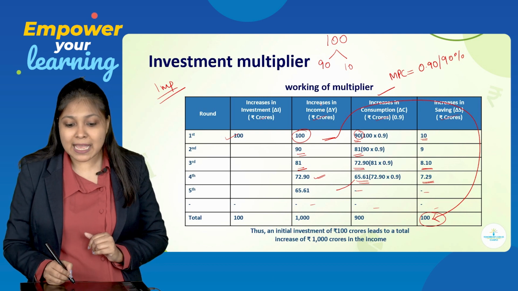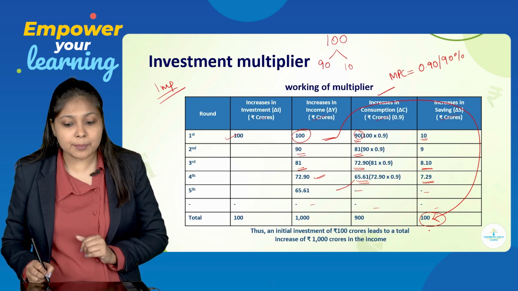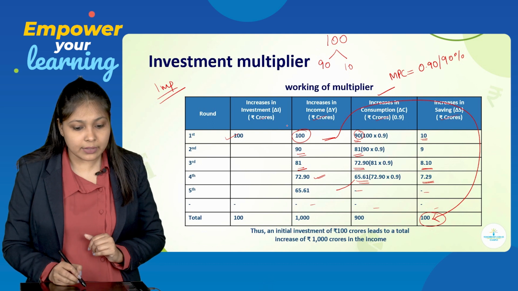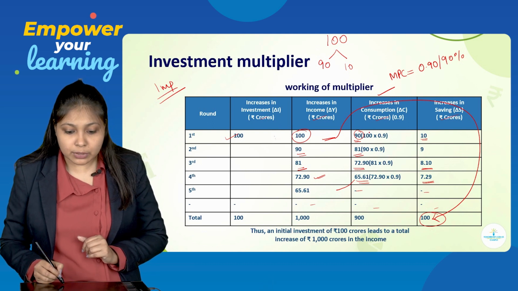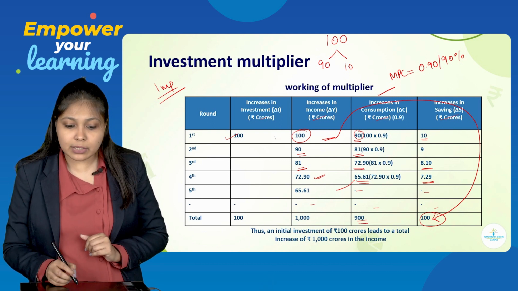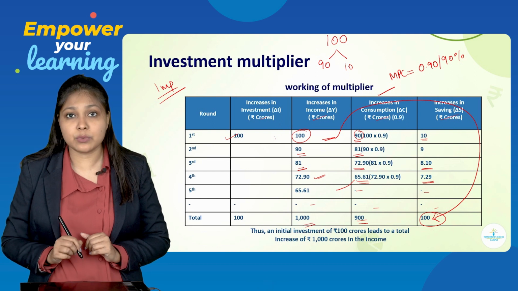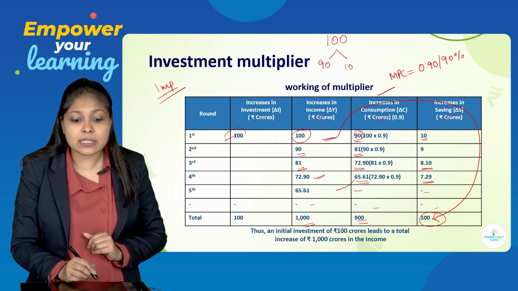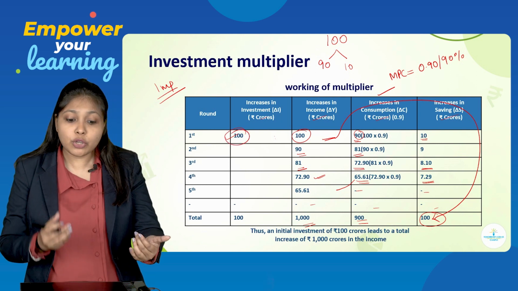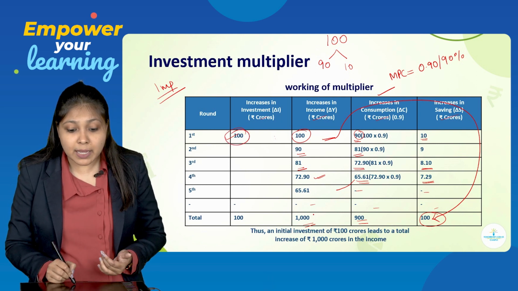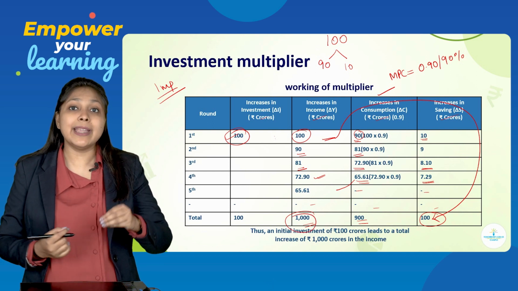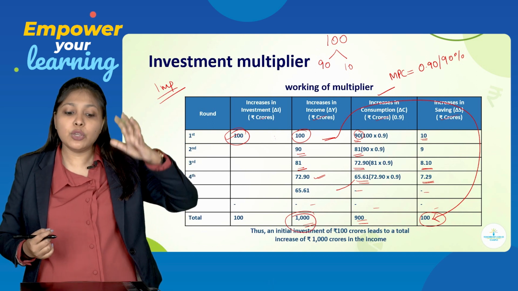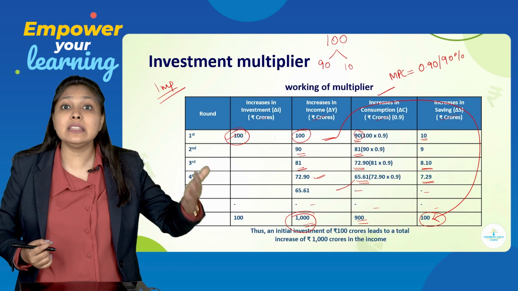If you do the total of the savings, you will get 100, and when you do the total of the consumption, you will get 900. When you do the total of the income, you will get 1000. That means 10 times. So when your investment was increased by 100 crores, your income was increased by 1000 crores. That means your income has increased by 10 times.